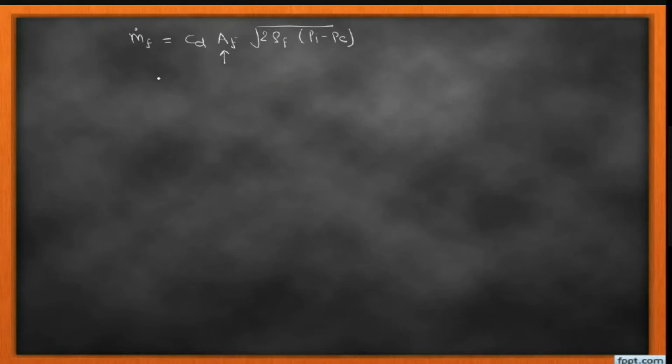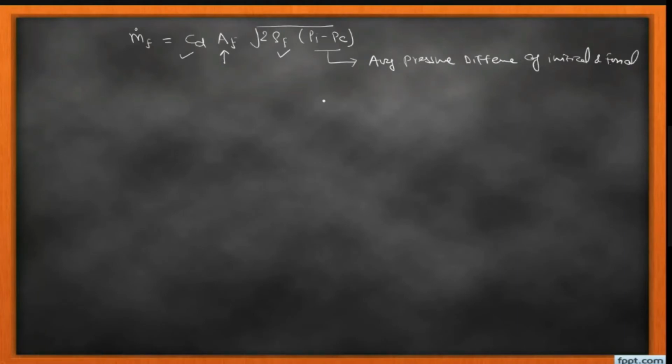Now the CD value is given to us. We also have the density of fuel. This pressure is given, that we need to take the average pressure difference of initial and final.